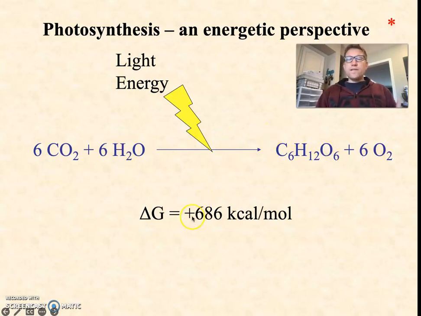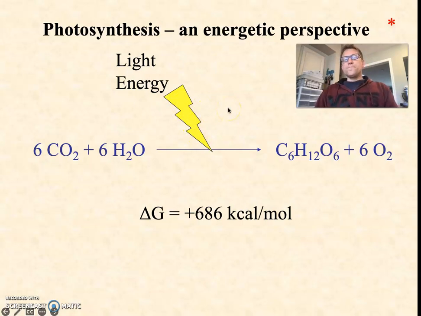And so it's a positive delta G of the same magnitude, indicating that energy needs to be put into the reaction to force it against the powers of entropy, right? Entropy wants these things to break down, not to build up. In order to push back against entropy and actually build things, we've got to introduce energy into the system. And in the case of photosynthesis, that energy comes from light.